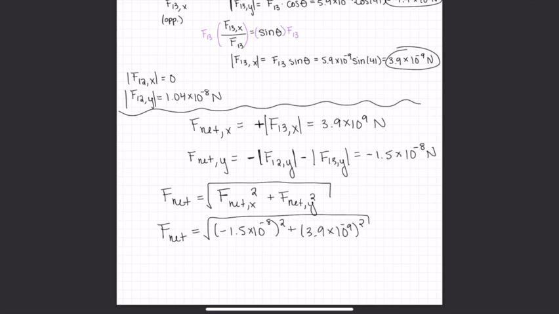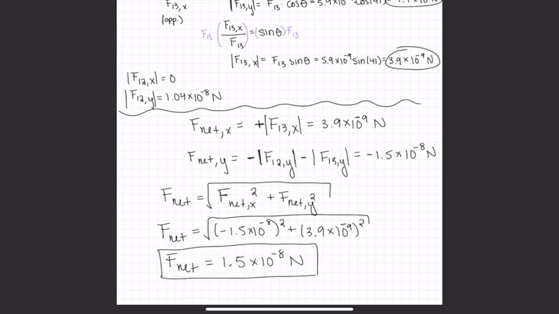I lost a negative 9. That's important. Quantity squared, I'm just going to use the numbers I have written here, so not rounded. And that is going to give me F net equals 1.5 times 10 to the minus 8 newtons.